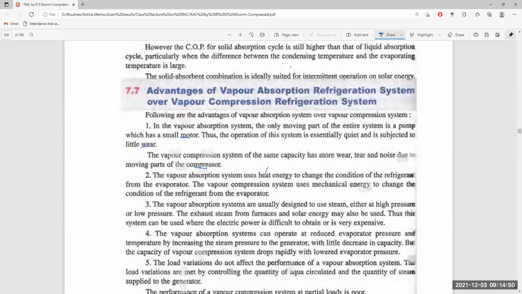The vapor absorption system can operate at reduced evaporator pressure and temperature by increasing the steam pressure to the generator, with little decrease in capacity. But the capacity of vapor compression drops sharply with lower evaporator pressure.